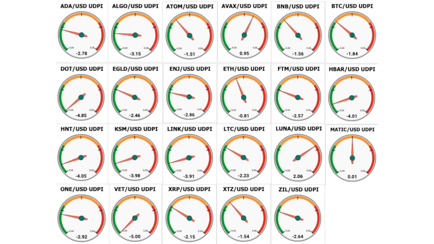We have a few assets here that are below minus 4 still. So from an accumulation standpoint, it looks like a pretty good time for DOT, for HBAR, for Helium, for VeChain, also for Kusama, for Link, and really for plenty of others.